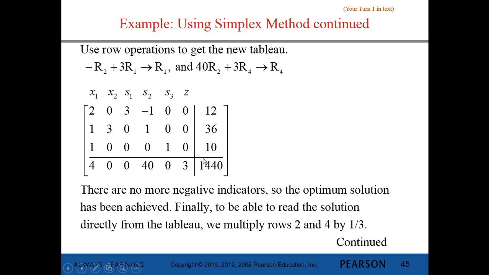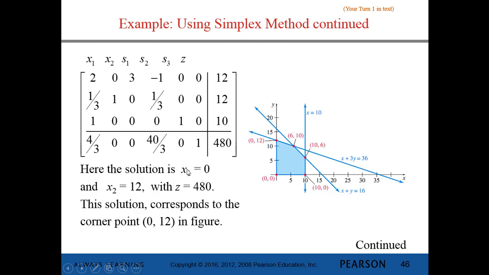Why are we doing that? Because we want to get a 1, and we need to have a 1 here. Okay. So now look what we have here. Now, what are the basic variables here?